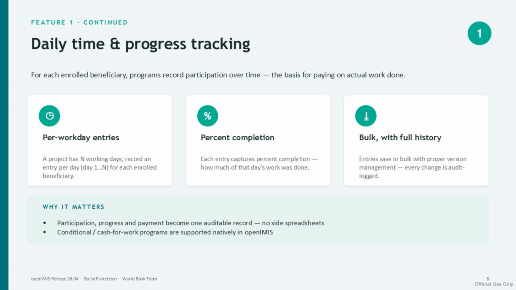For each working day, it's not just attend or not attend; the entry is a percentage completion. This provides flexibility. For example, some public works projects might want to track a traffic light system, like 0%, 50%, 100%. Attend or not attend can be represented as 0% or 100%.